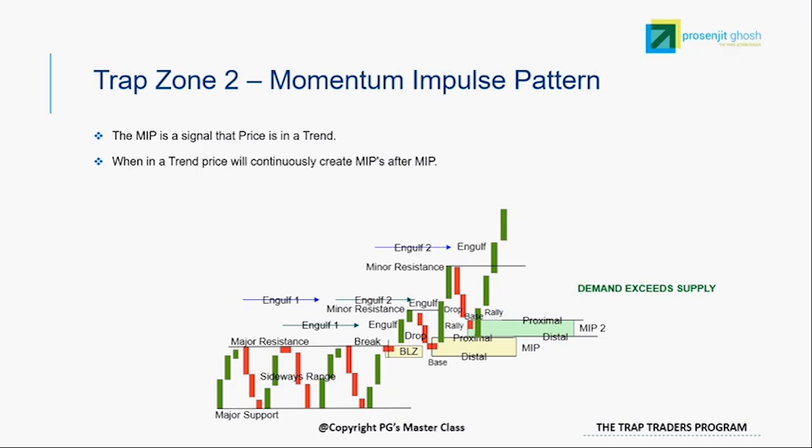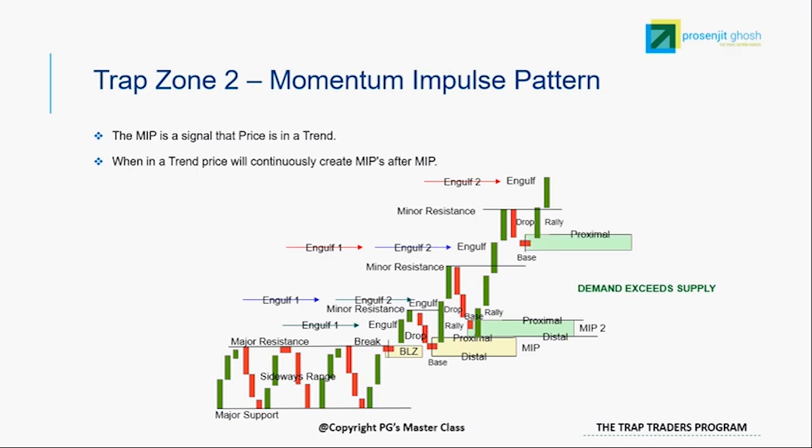Okay. So then price will again move up, price will come down, another drop, base, rally formed, and another minor resistance got engulfed here. Once the engulf happened, we know that price has already engulfed one resistance. Thereafter price created a drop, base, rally, and then another minor resistance got engulfed.